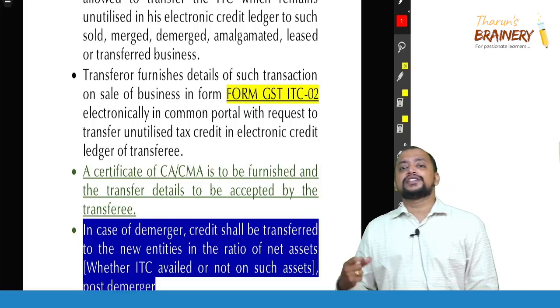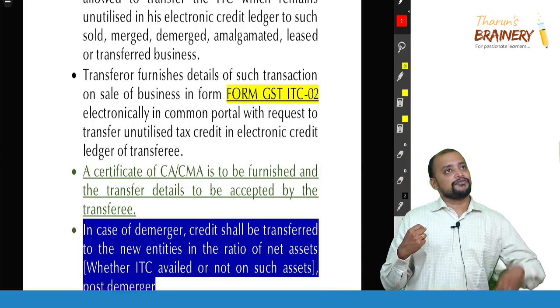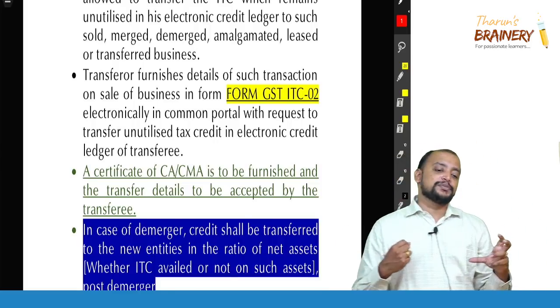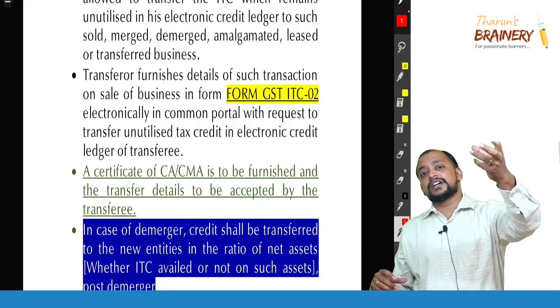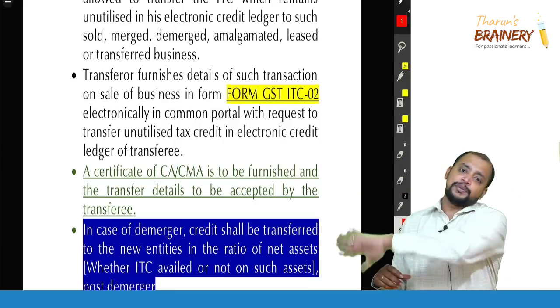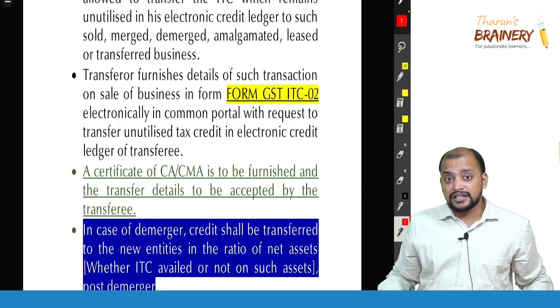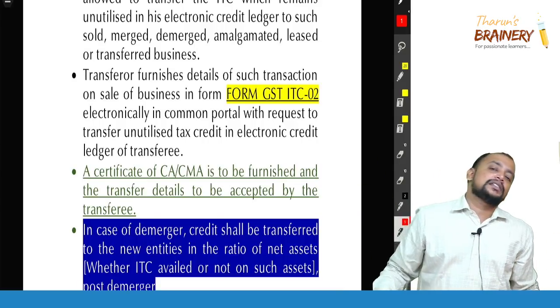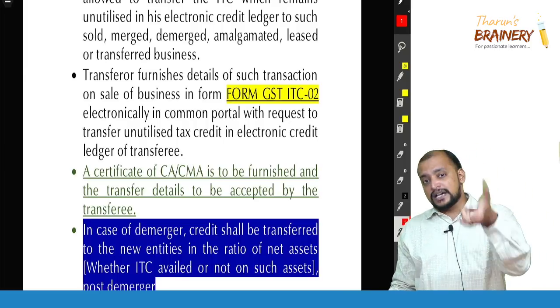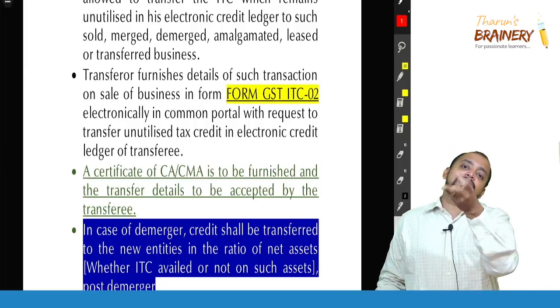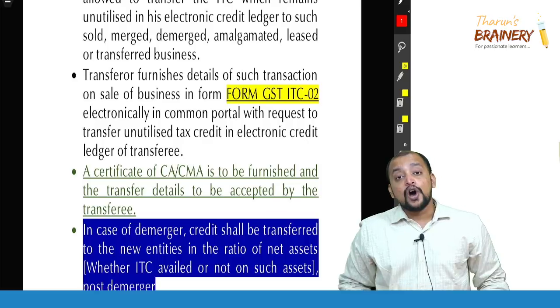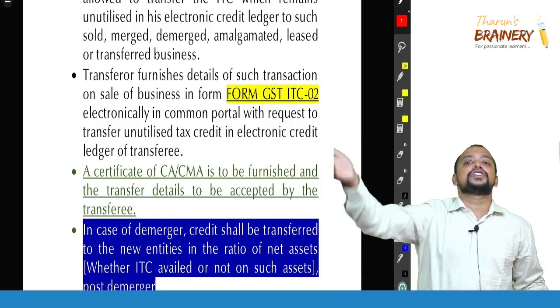Then in case of merger of two companies into a single company, there is no problem. Say for example, A Limited and B Limited get merged into AB Limited. A Limited's ITC and B Limited's ITC will go to AB Limited. But when AB Limited gets demerged into A Limited and resulting company B Limited, whatever is the credit in AB Limited will be segregated to these two companies on their assets ratio post demerger.